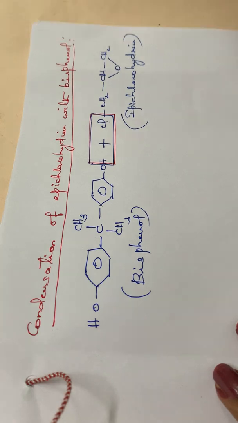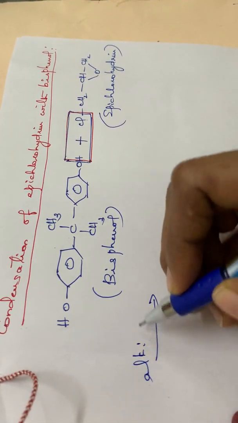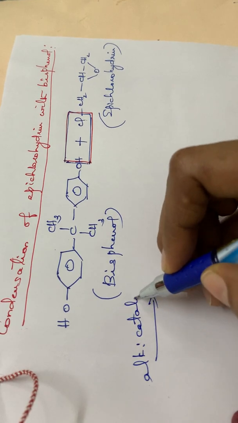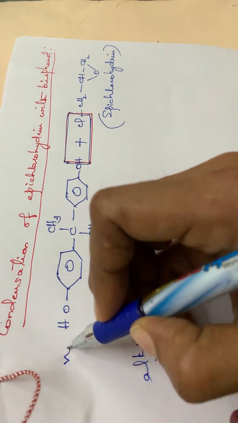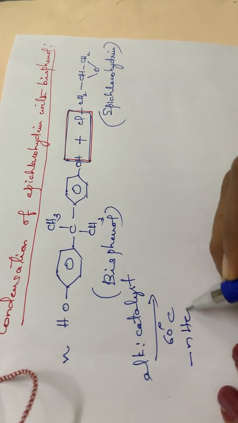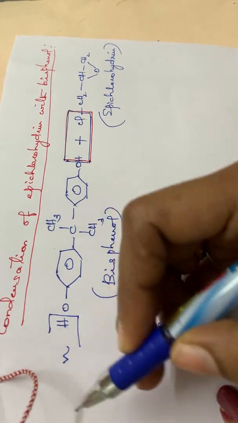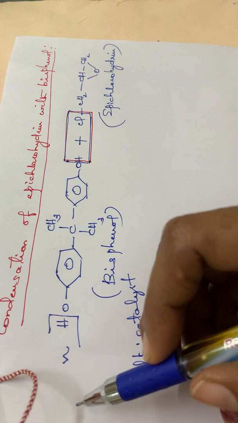Again, a condensation reaction, in presence of an alkaline catalyst at 60 degrees Celsius. Here n molecules of bisphenol we are taking, so minus n molecules of HCl. This hydrogen will also be removed as HCl, with another epichlorohydrin.